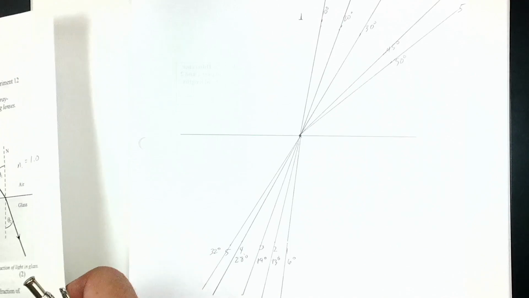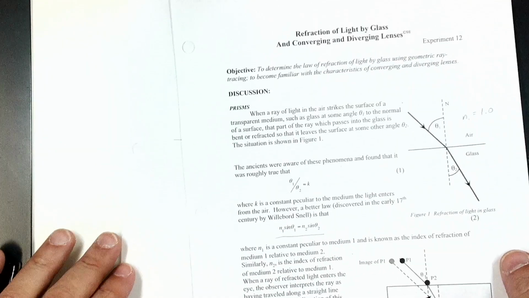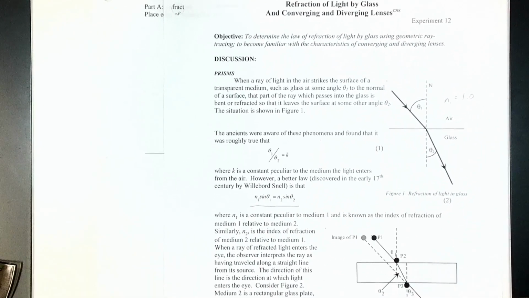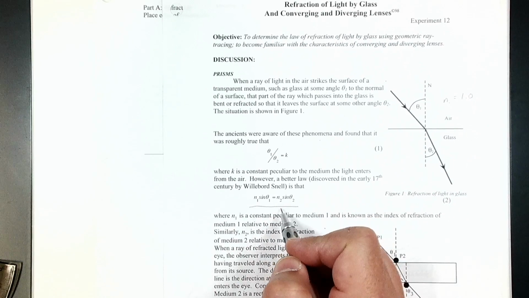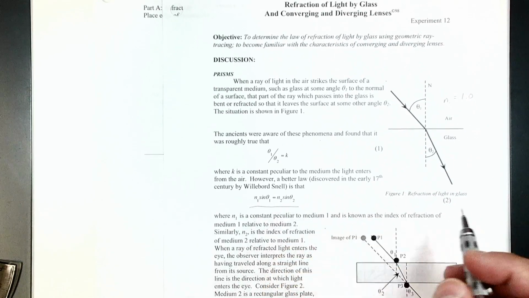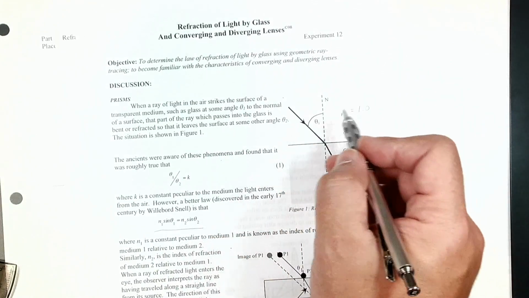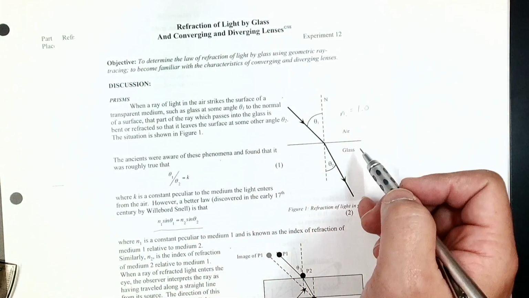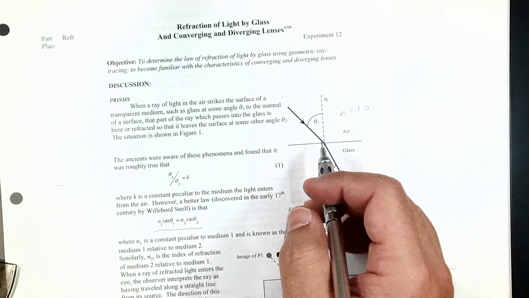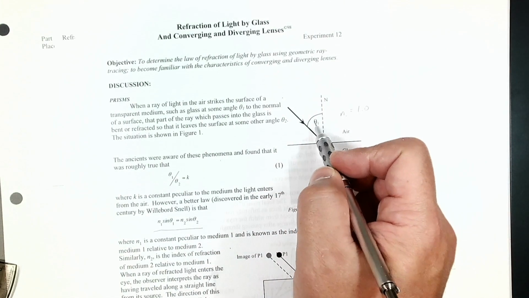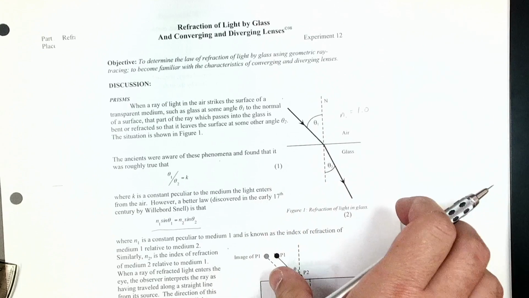Looking back at the lab manual, this equation here is Snell's law. So we're going to say that the index of refraction of air, we are giving that to you as 1. And the theta 1 that they list here is going to be your incident angle.